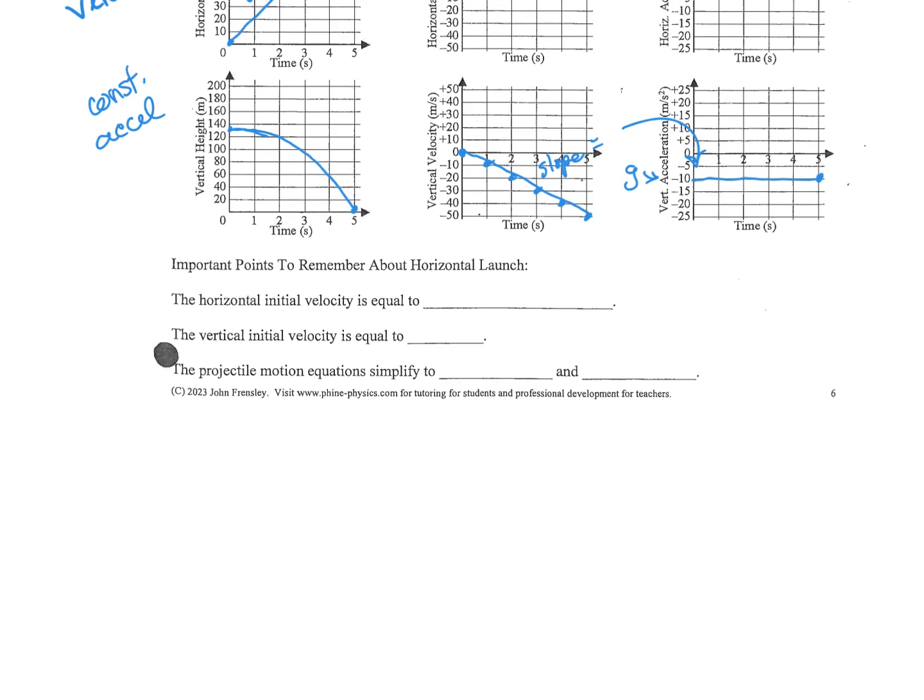Now, things to remember about a horizontal launch is its horizontal initial velocity is equal to its launch speed. In other words, that V initial is equal to V initial x, right? Vertical initial velocity is equal to 0. In other words, V naught sub y is equal to 0.